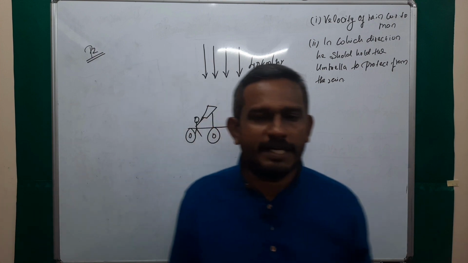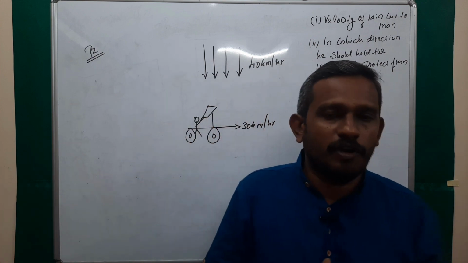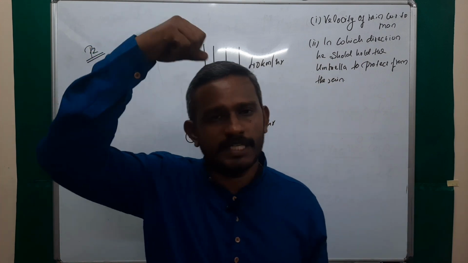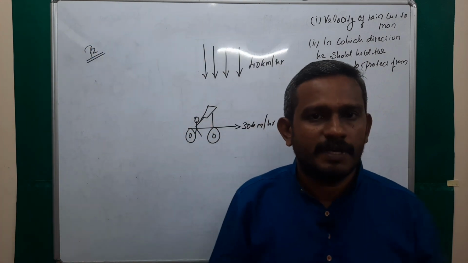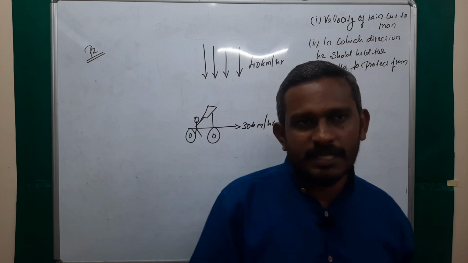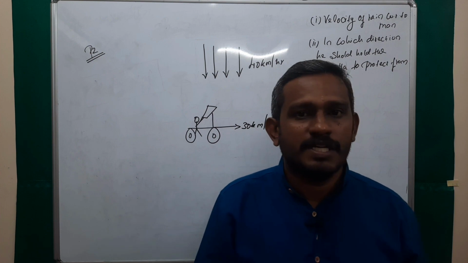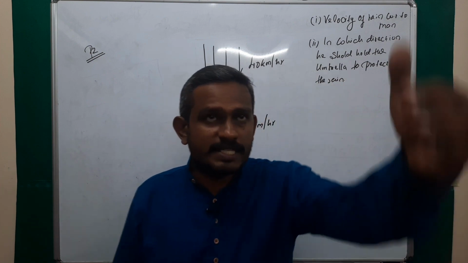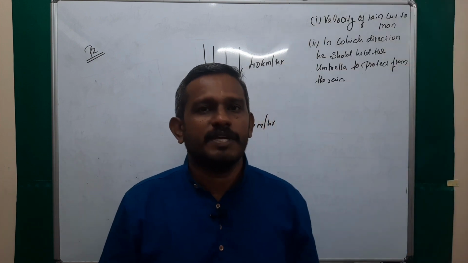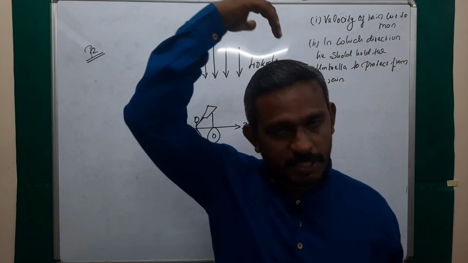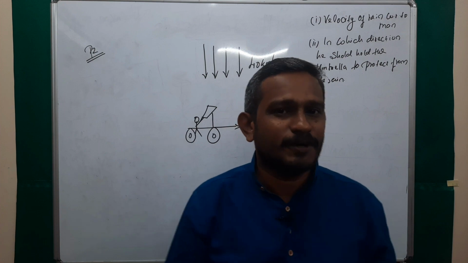When we stop the bike, the rain is falling and hitting our head. So when we ride the bike, we usually feel that the rain is hitting our face. So we have the feeling that the rain is coming in this direction. Normally when we stop the bike, the rain is falling vertically downwards and hitting our head.